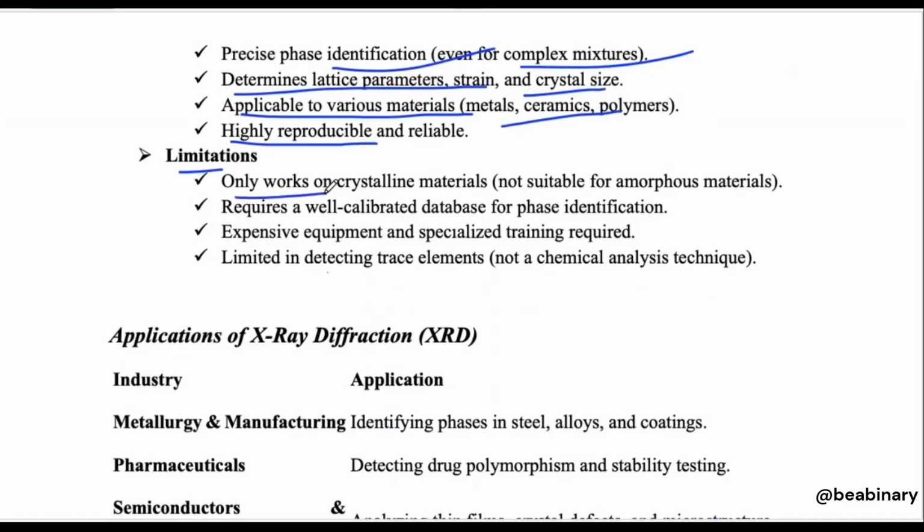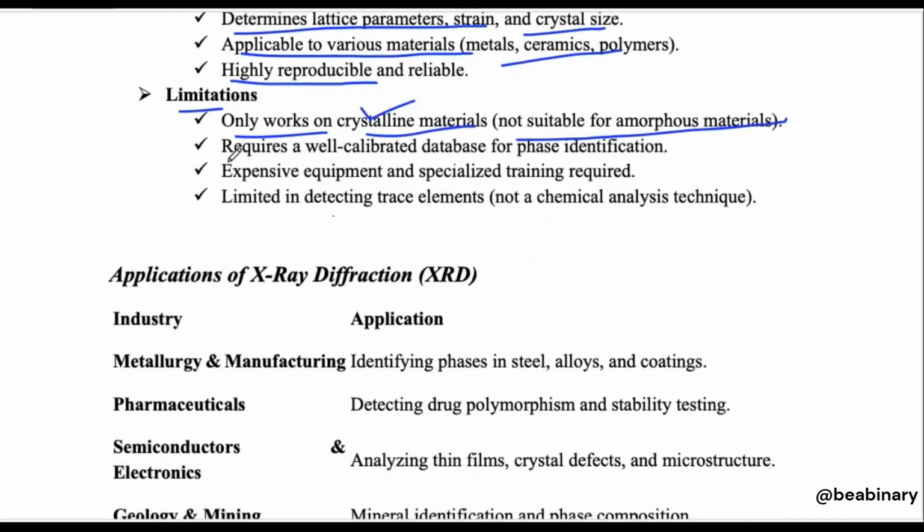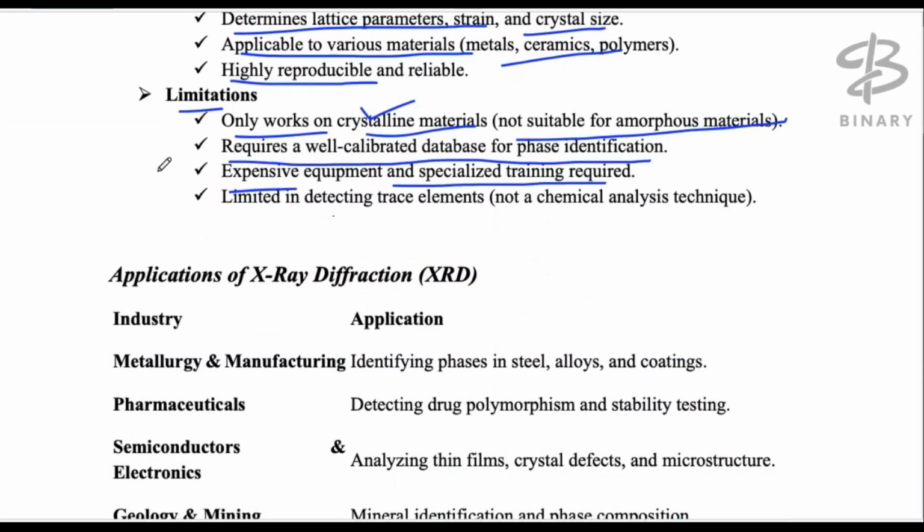Limitations: it only works on crystalline materials and is not suitable for amorphous material. So for amorphous material, we cannot apply XRD techniques. It requires a well-calibrated database for phase identification. Expensive equipment and specialized training are required; here it is very costly. As you can see, as we move down the slides, the cost is increasing.